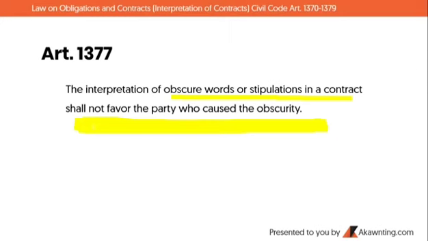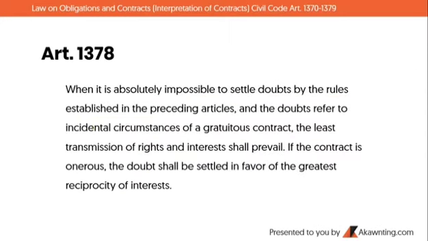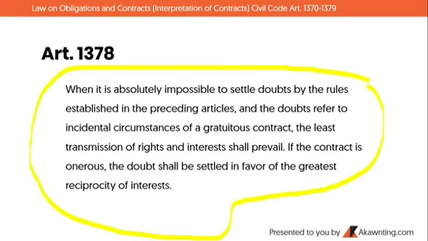So next, punta tayo sa Article 1378 which is usually yung madalas lumalabas sa mga exams and tests, okay? So actually dalawang paragraph tong article na to, so this is paragraph 1.